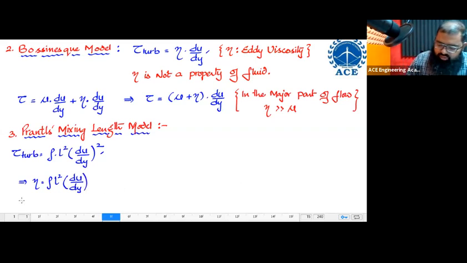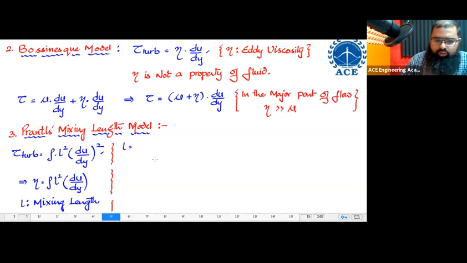Now the question is, what is this L over here? L over here is known as mixing length. Now the value of L is equal to how much? I'll tell you what is mixing length. Wait on.